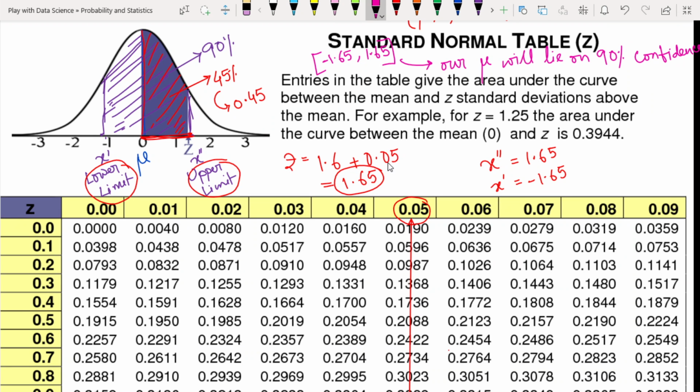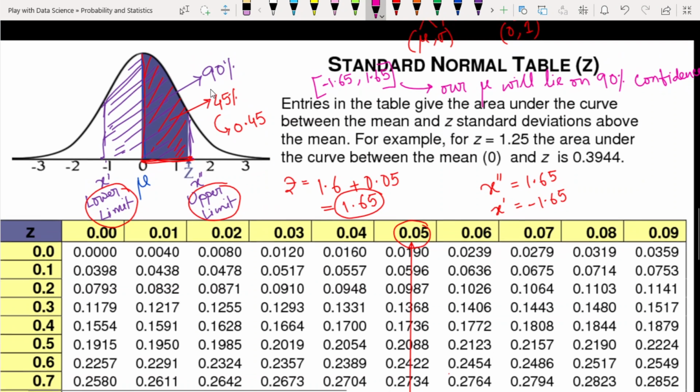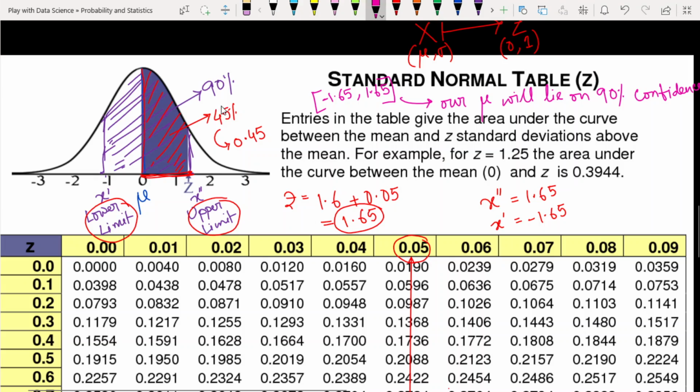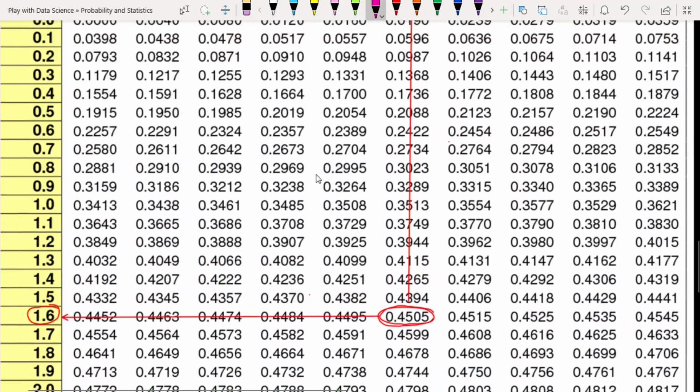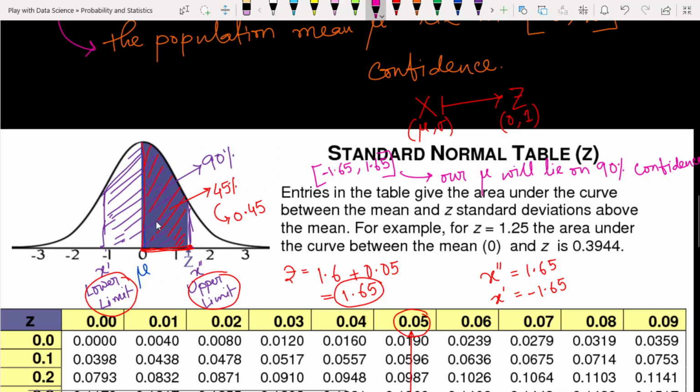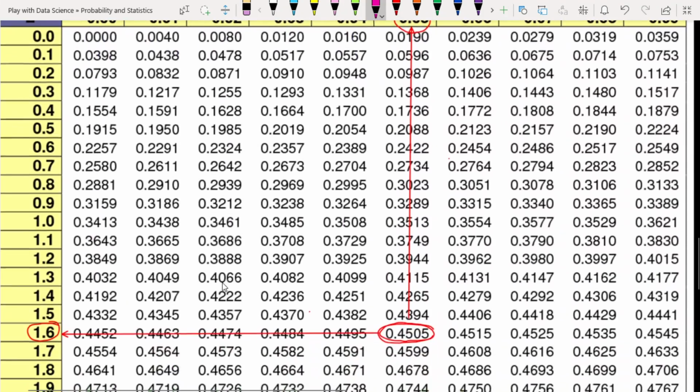I'm taking the 90% area as an example here, but if you're interested, you can easily find the 95% or anything else. First you have to divide, then find the range using these tables.